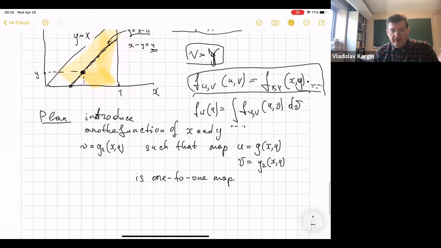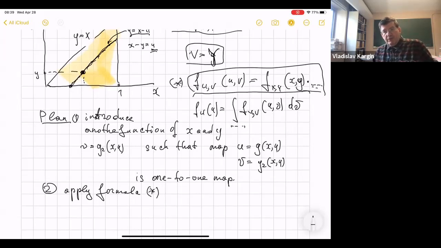So that would be the first one. The second thing is to apply formula star. But we don't know the formula star yet.